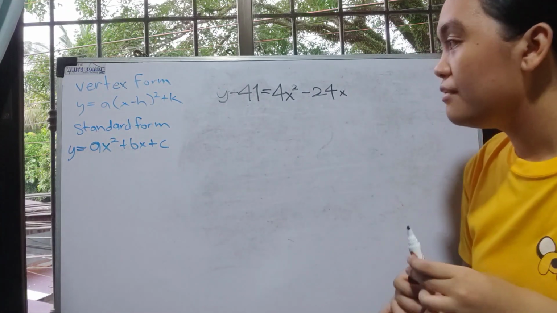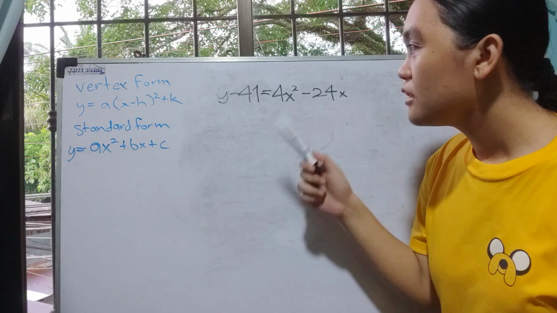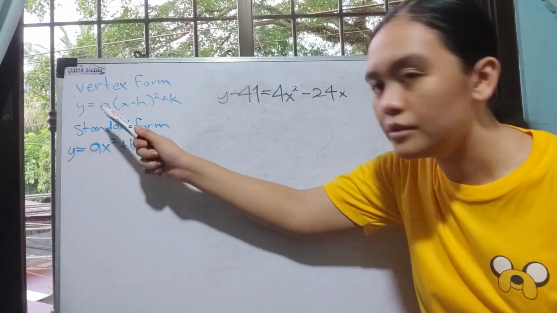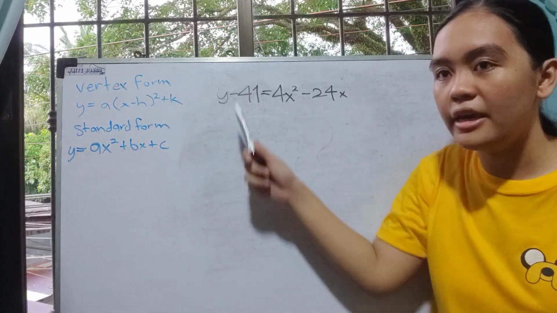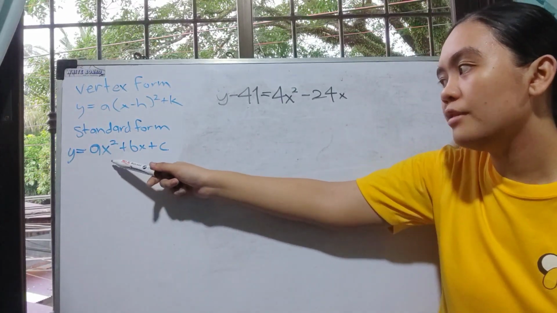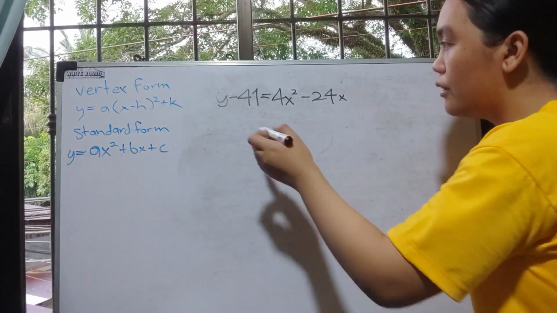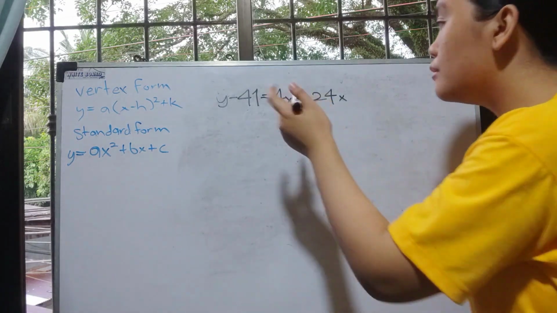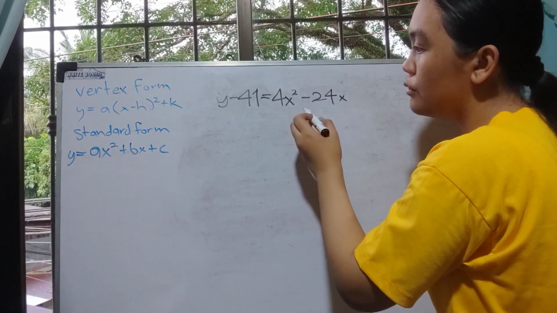Alright, so now that we've relearned how to complete the square, it's time to teach you actually converting it. So here is our vertex form, y equals a times x minus h squared plus k, and here is our standard form, y equals ax squared plus bx plus c. In this problem, we need to put this into standard form.